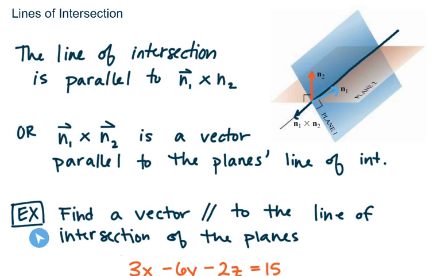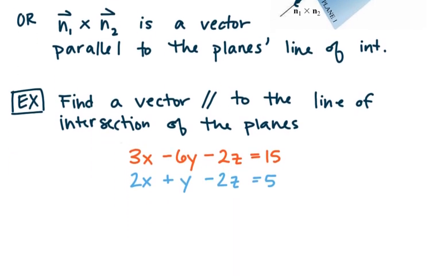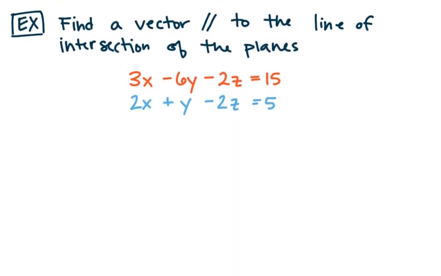Now for our example, we're going to find a vector which is parallel to the line of intersection of these two planes. So as we just said, that line of intersection is going to occur if we cross product the normal vectors.